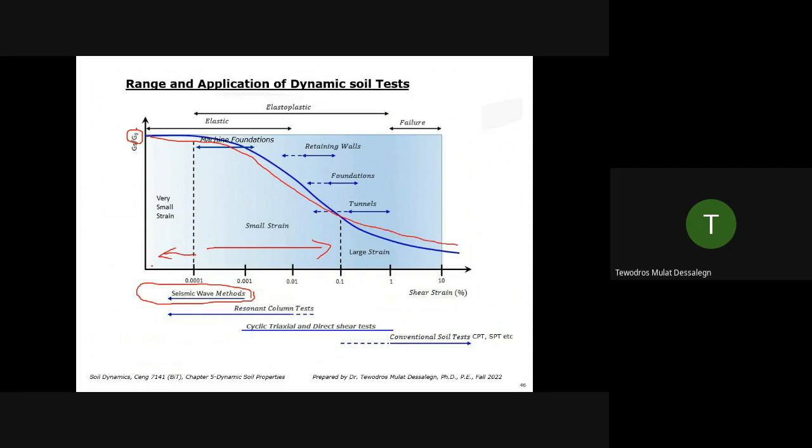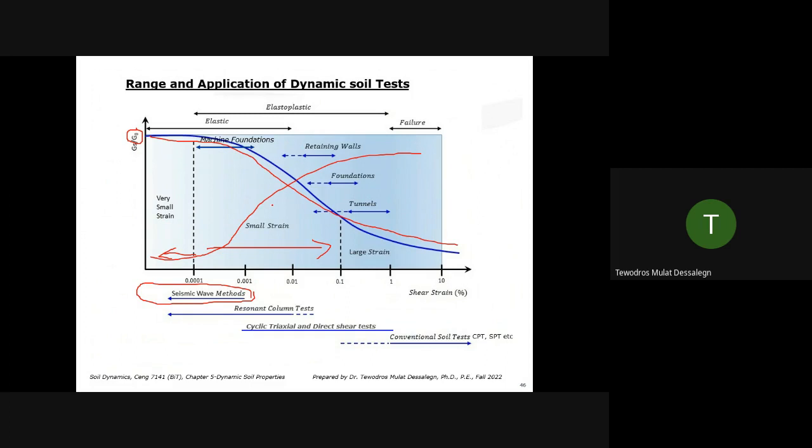And for damping, it's the reverse. As you increase the strain, what happens? The softer or weaker the soil, is it larger damping or small damping? Larger damping. Very soft soil has very large damping. Clay has larger damping than rock.